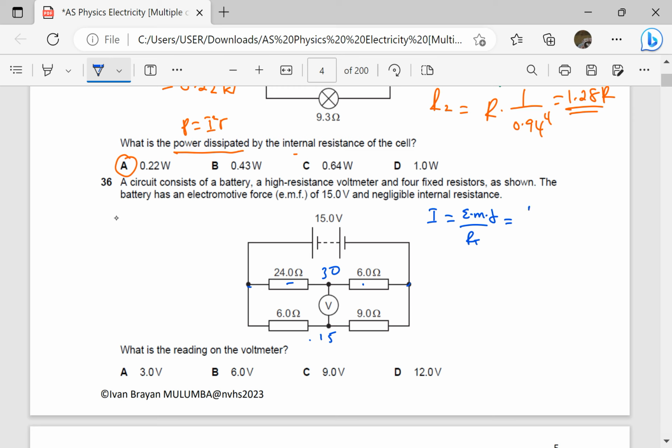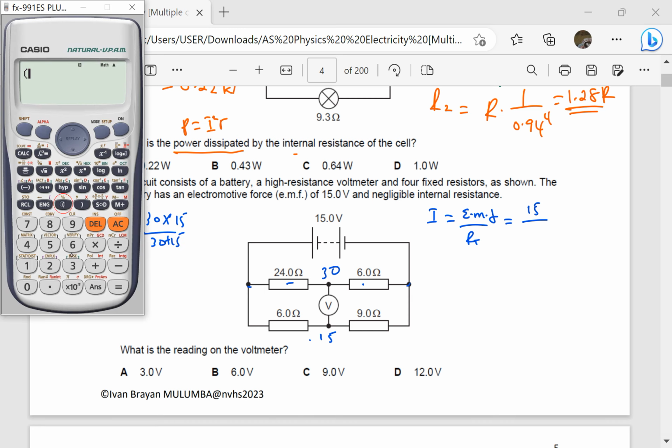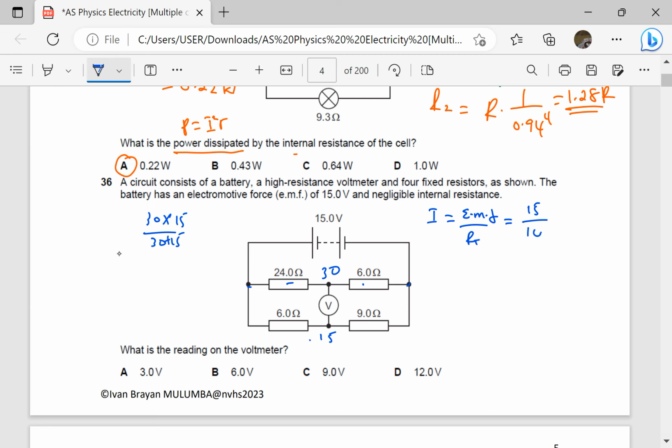But anyway, this is going to be 15 divided by the total resistance, which is 30 times 15 divided by 30 plus 15. So this is 30 times 15 divided by 45, which gives us 10. So the total current is going to be 1.5 amperes.